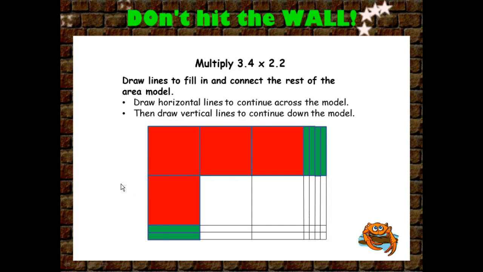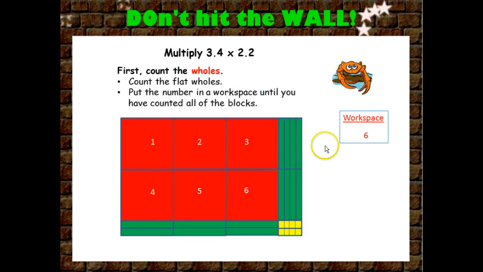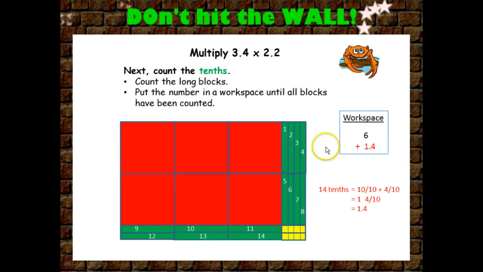And you can see that we ended up with some wholes, several tenths, and some hundredths. The reds are the wholes, the greens are the tenths, and the yellows are the hundredths. First, we need to count how many wholes we have. We have 6 wholes. Then we need to count how many tenths we have. We have 8 here, and then we keep adding on 9, 10, 11, 12, 13, 14.